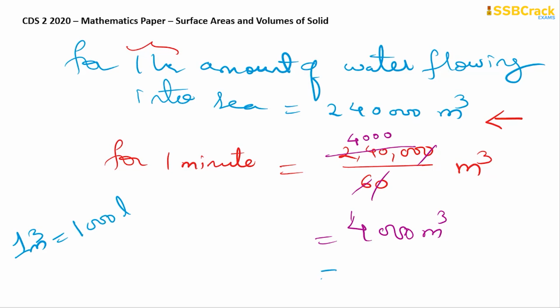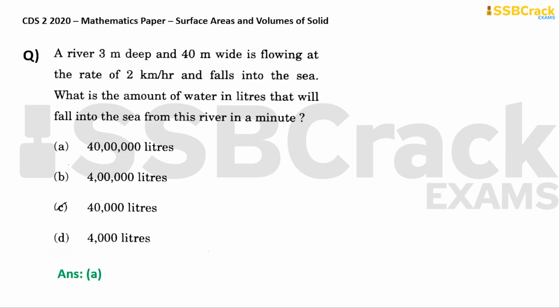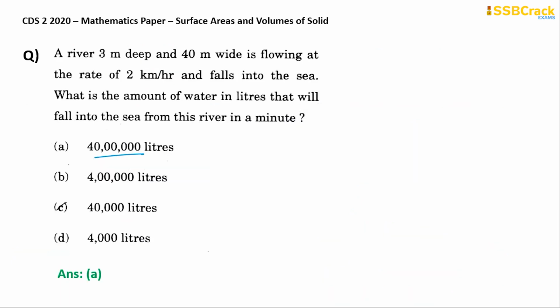So this 4000 meter cube will be equivalent to 4000 into 1000 liters. So total it will be 4 with 6 zeros, which means 40 lakhs. Let's check the options. Yes, 40 lakhs is in option A. So option A is the right choice for this particular question.